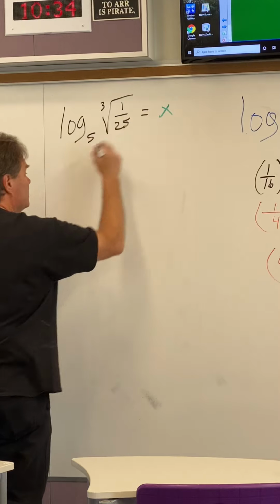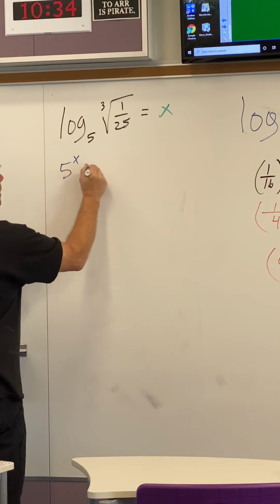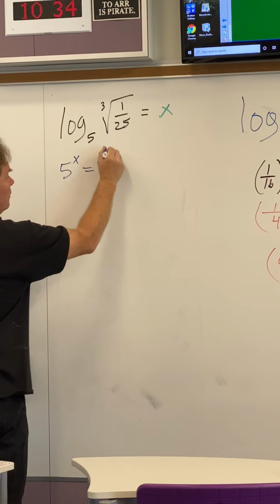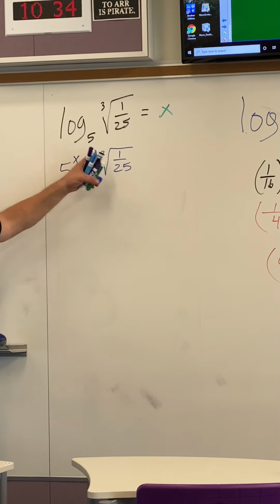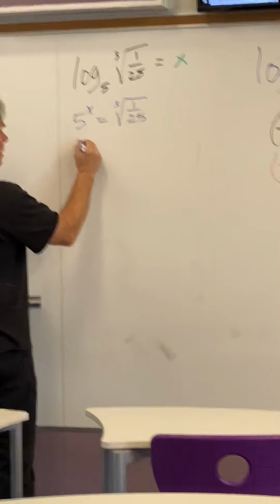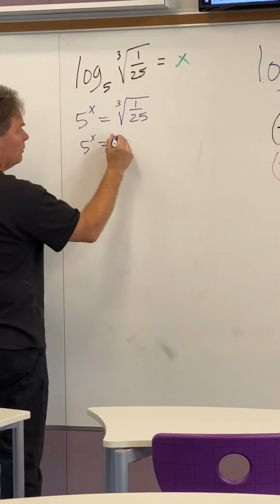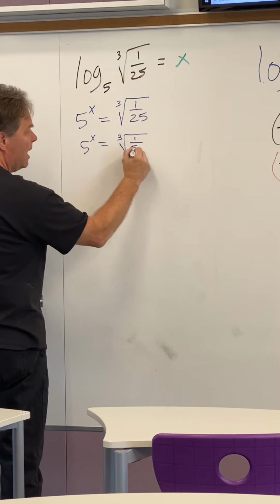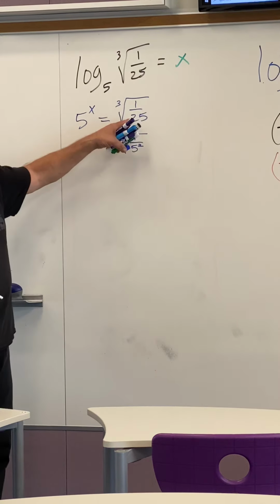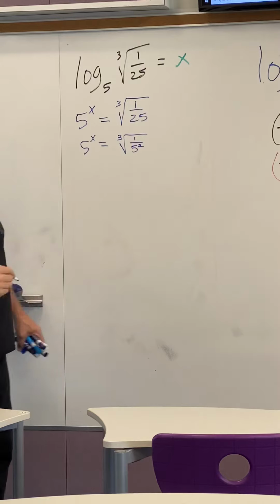This base to this power equals this crazy thing. Oh my gosh. Let's zoom in on what this thing is. That's 5 to the x equals cube root 1/5 squared. All I did is call 25 5 squared, okay?